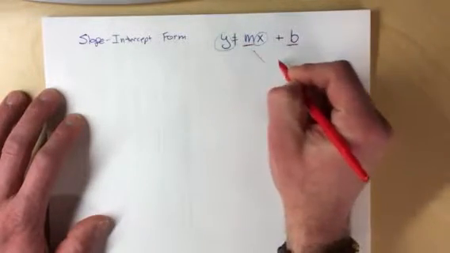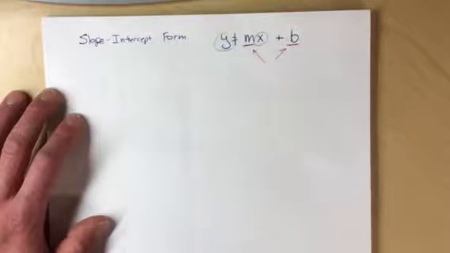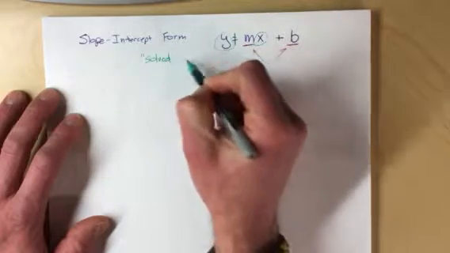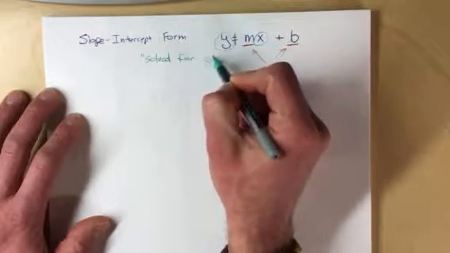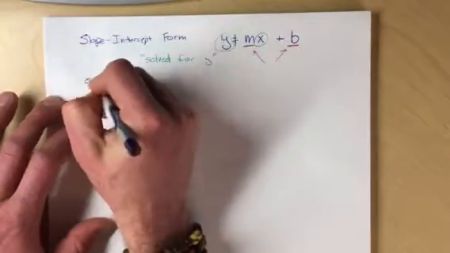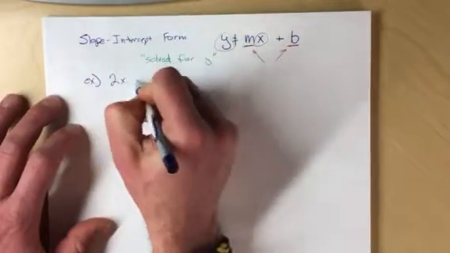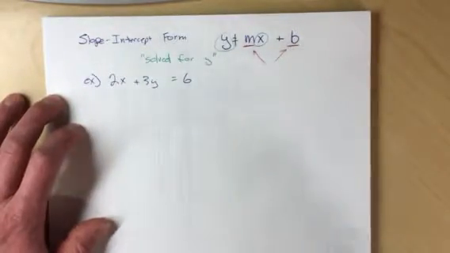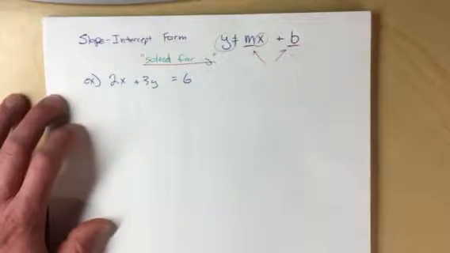So these are the numbers. We say that this is solved for y. So let's look at that equation we did a minute ago, which was 2x plus 3y is equal to 6. I might ask you to solve that equation for y.